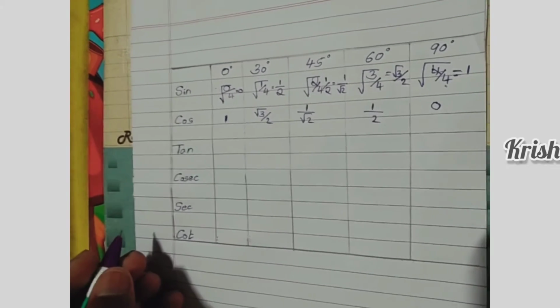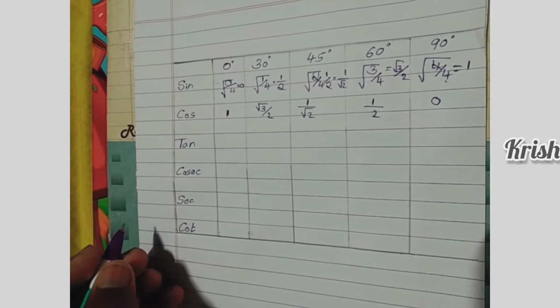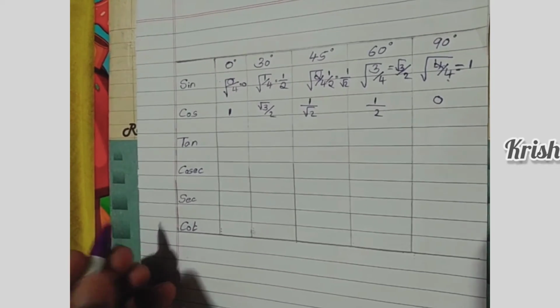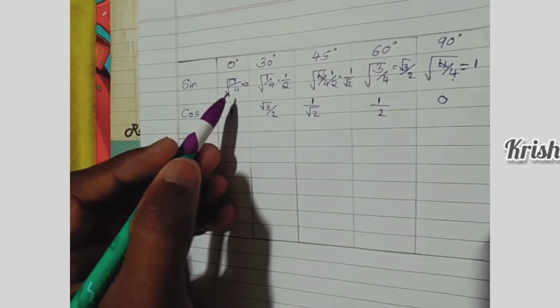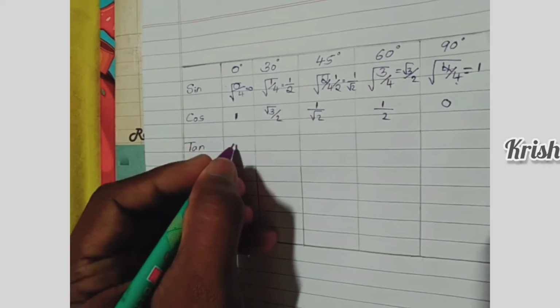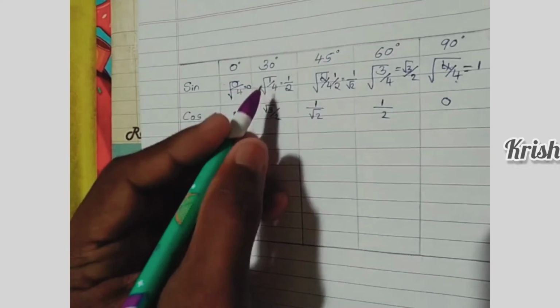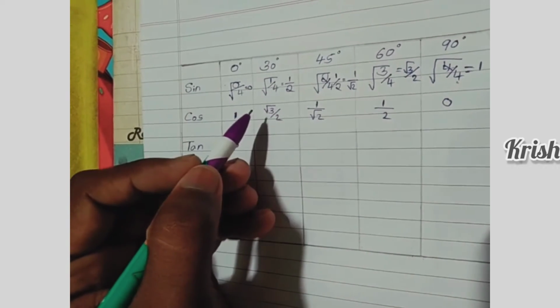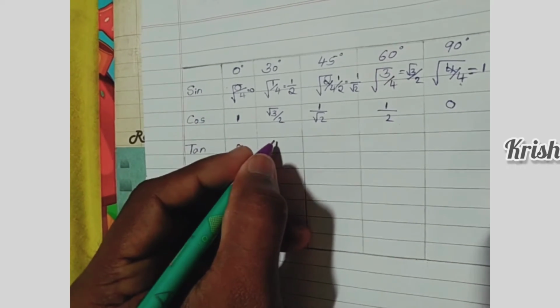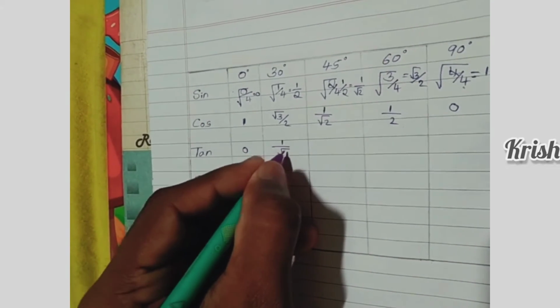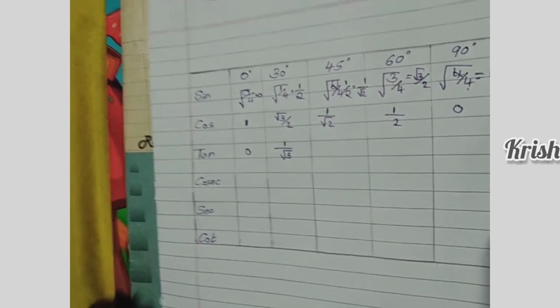Now tan. We know that tan is equal to sine by cos. The same procedure is to be followed here. We know that 0 divided by 1 is 0. 1 by 2 divided by root 3 by 2. Here the denominator cancels, hence remains 1 by root 3.